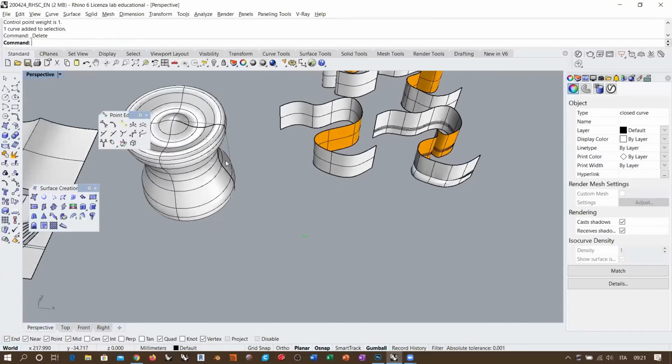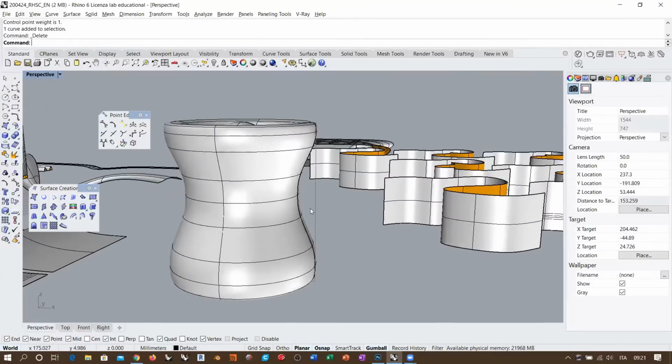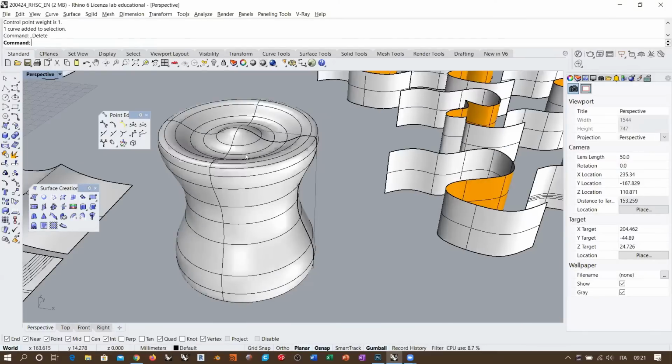But anyway, you see that as the rule of revolved surfaces is the circular rotation, what you get in the horizontal direction of the isocurve is always a perfect circle. Okay, while on the other hand, the isocurve that you get from the other direction is exactly the same profile that we used at the beginning.